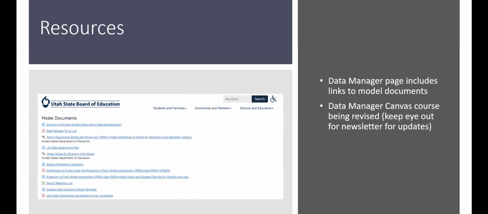Okay, as I said earlier, this is a lot of information. Our data manager page is a good place to go. It discusses this in not as much detail, but it includes model documents for pretty much everything I've talked about. We also have a Canvas course for data managers. I'm not sure if you are aware of this. We are working to update this right now.